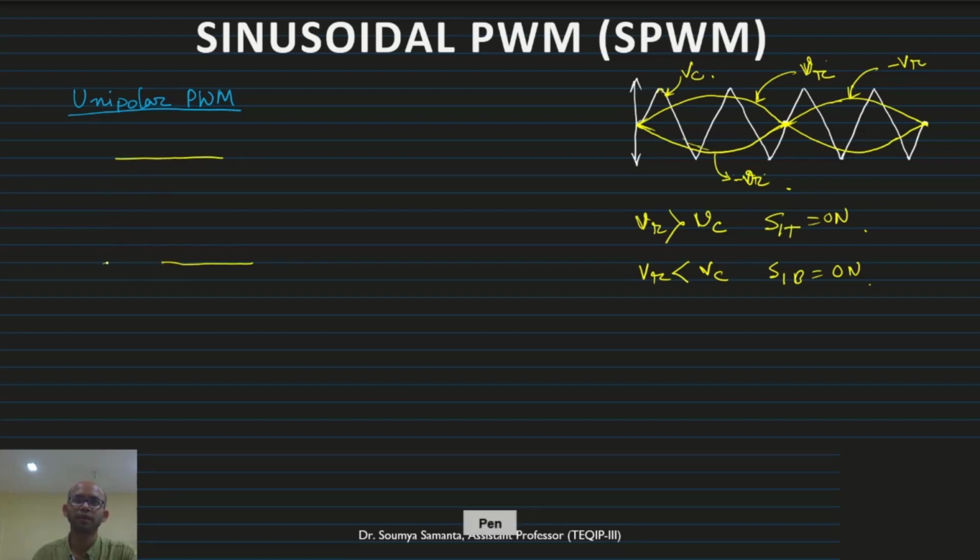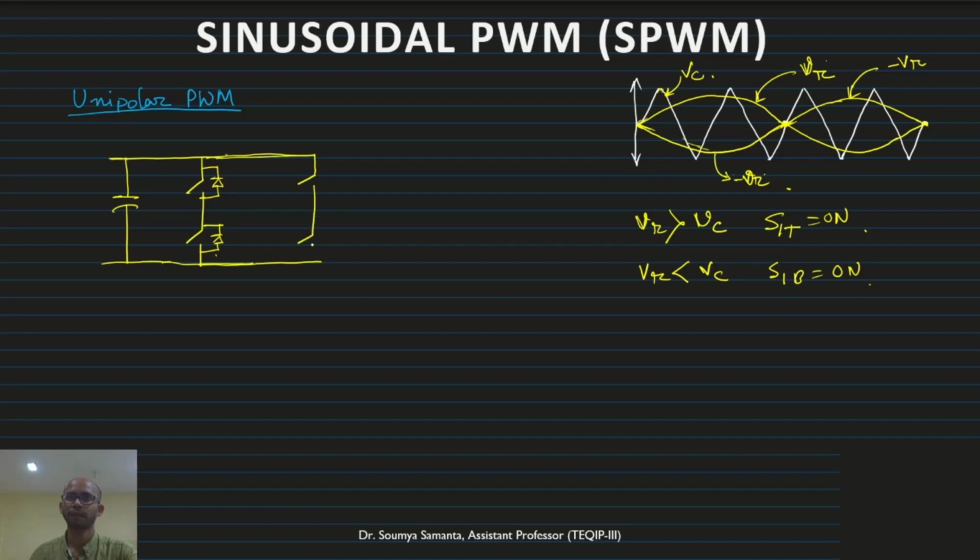We replace this with a capacitor. So this is one leg. There will obviously be an anti-parallel diode. There is another leg, suppose this one, which also has an anti-parallel diode.